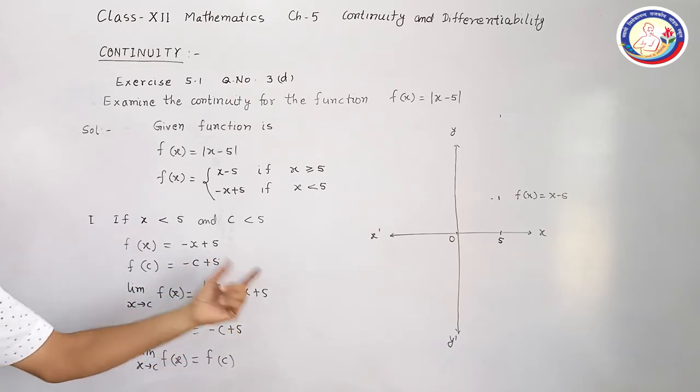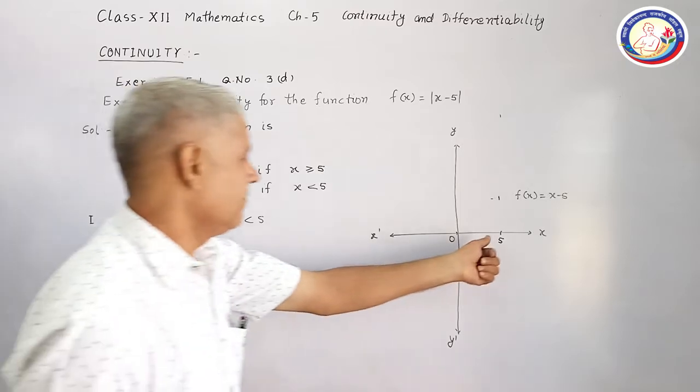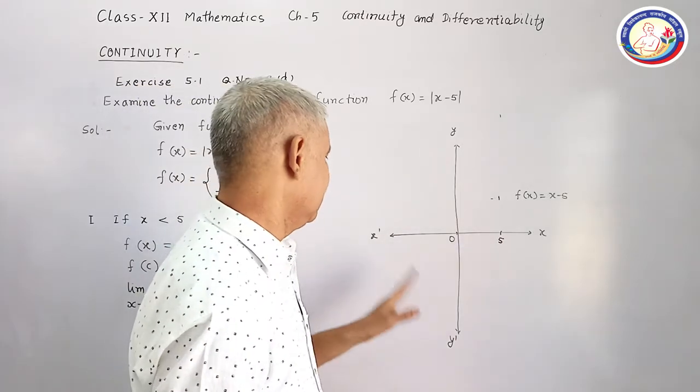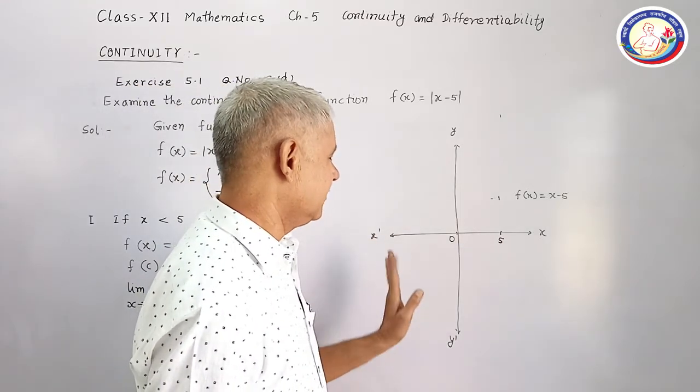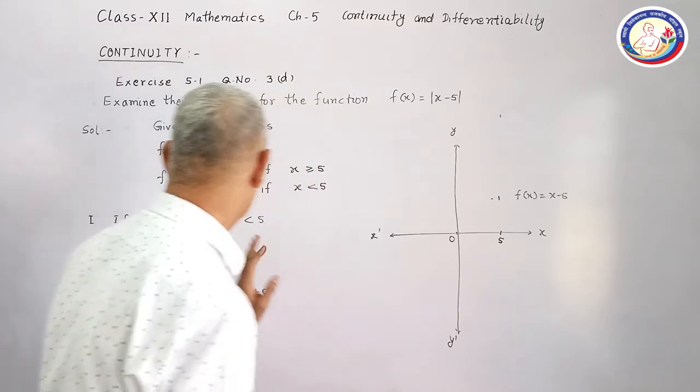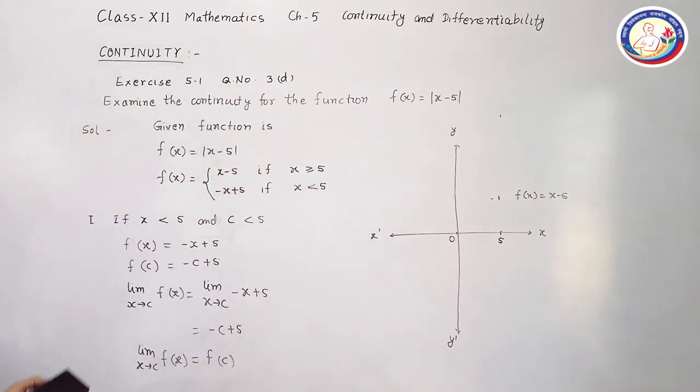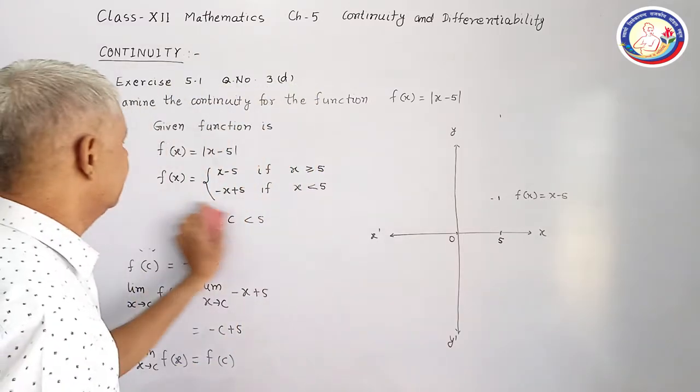Both are equal, so in this part, at each point where x is less than 5, the function is continuous. Then we come to the second condition.